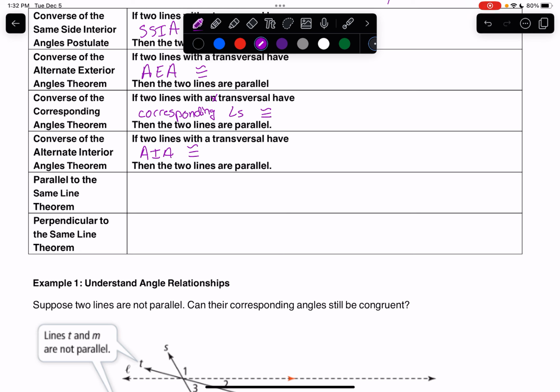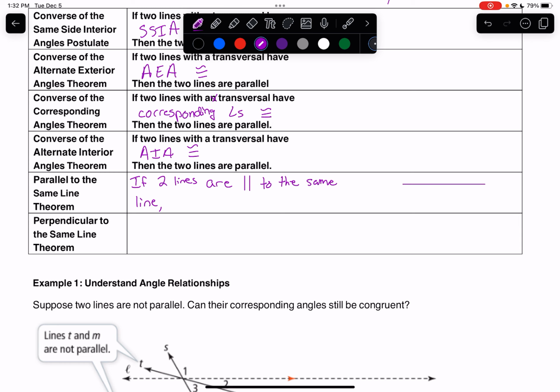So the parallel to the same line theorem starts with: if two lines are, and I'm going to use the parallel symbol, remember it's not an 11, it's parallel, to the same line, then what happens? Well, let's see.